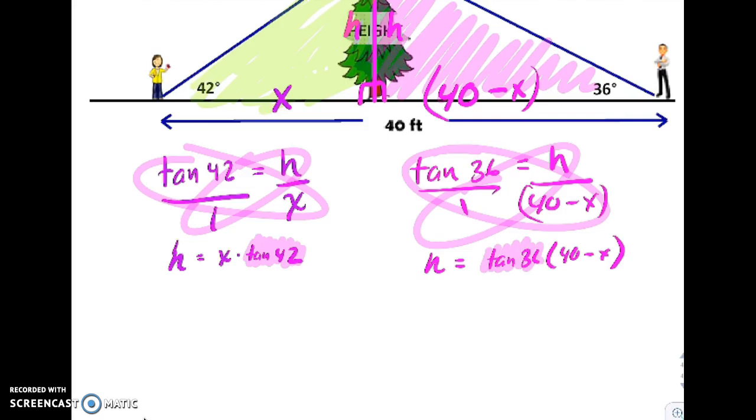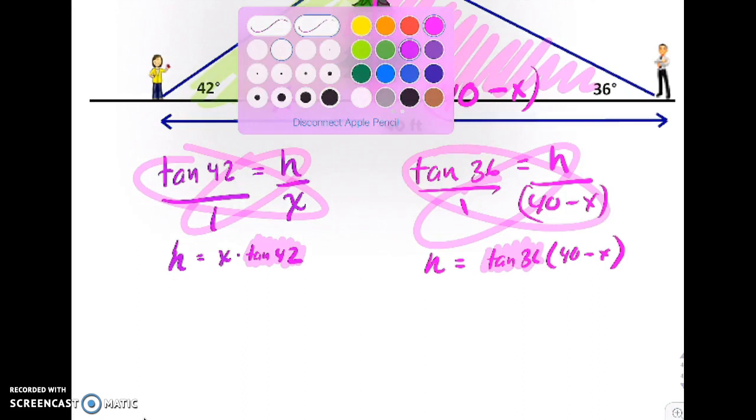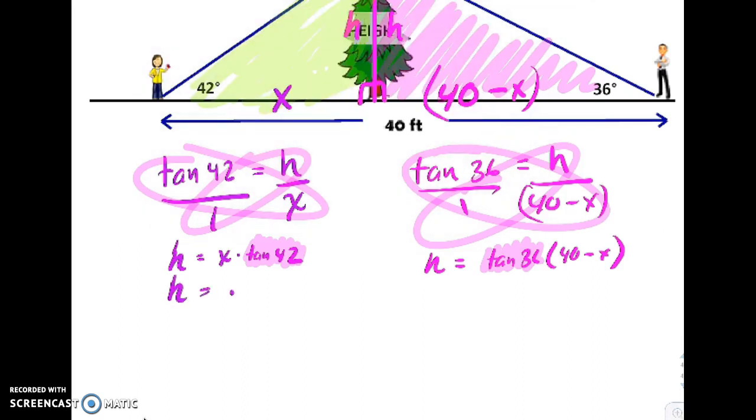So on your calculator, type in tan 42, and you get 0.900. So I have h actually equals 0.900 times x. And tangent of 36 is really the number 0.727 if you round up.